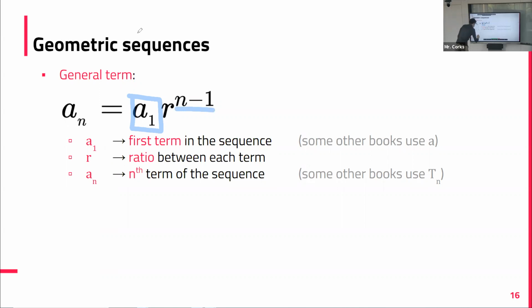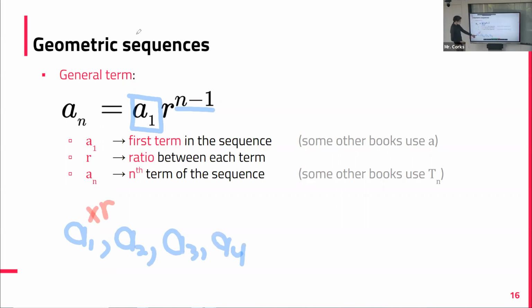So we have A1, A2, A3, A4. We start with A1. If we want to get to A4, we multiply by R once here. A1 times R gives us A2.